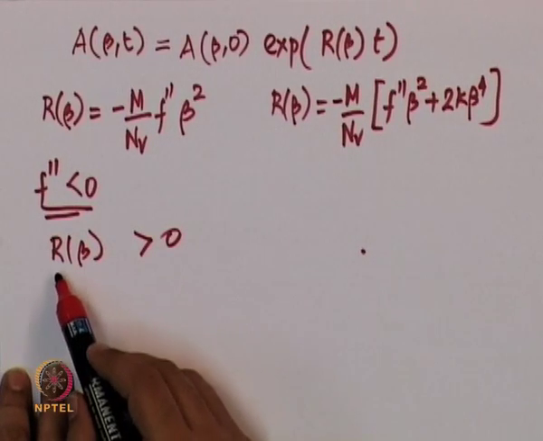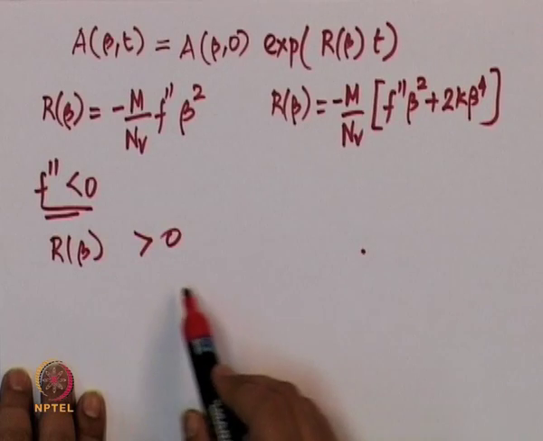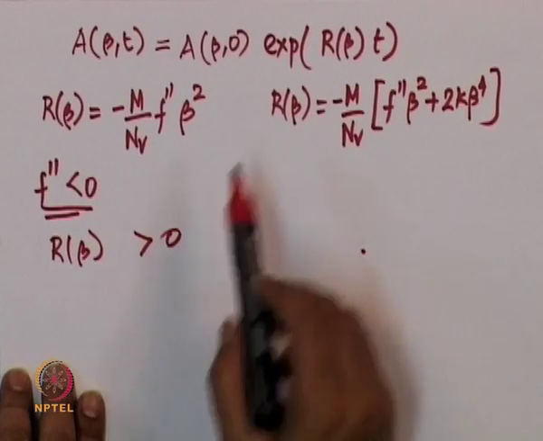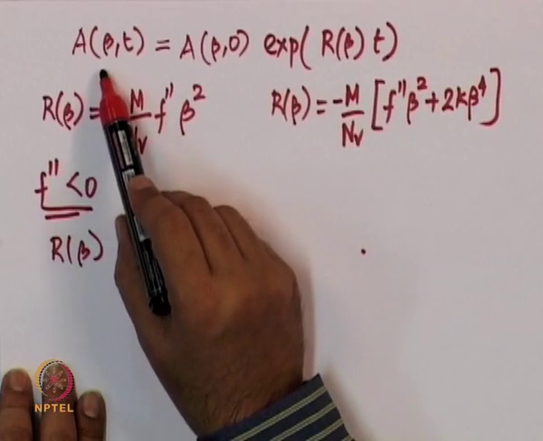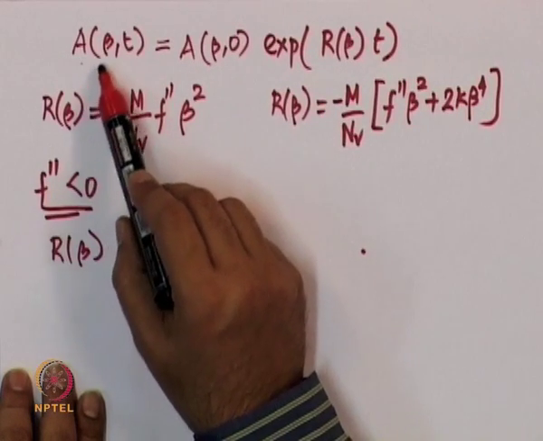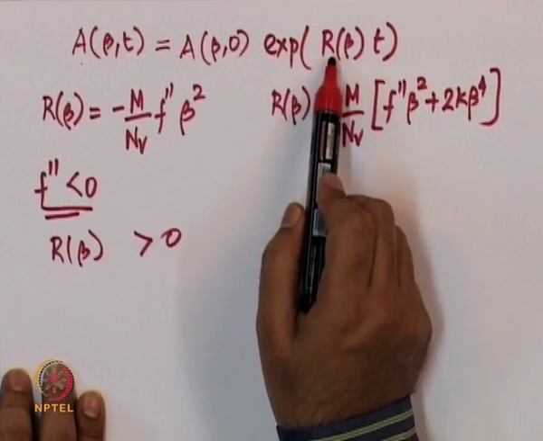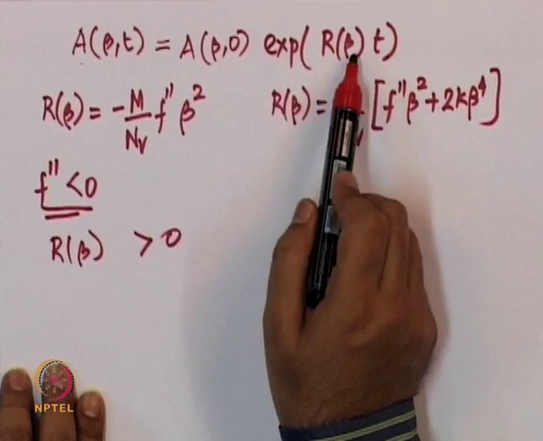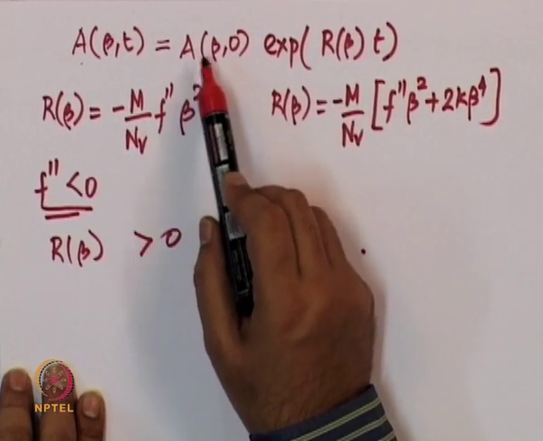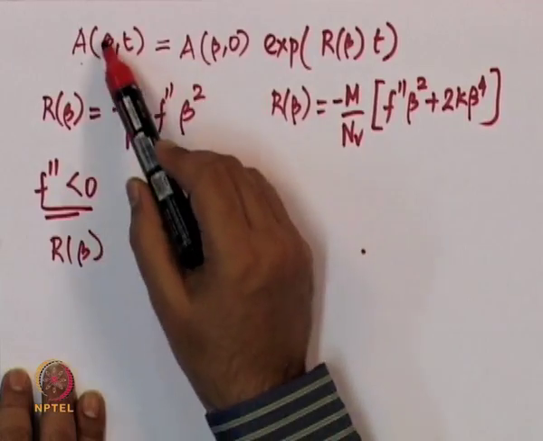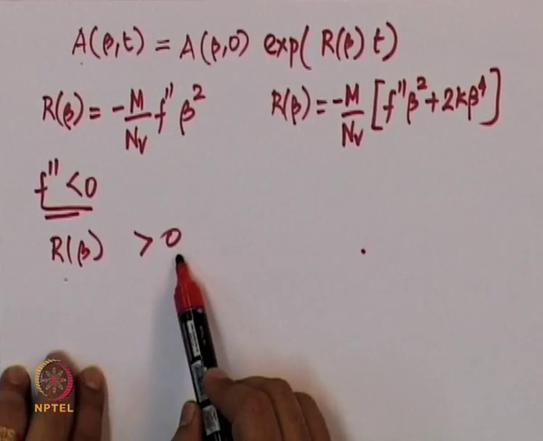That means for any beta, any wavelength, it does not matter how small or how large the wavelength is, this quantity is going to keep growing with time. If you take dA by dt, that is nothing but R of beta times A. That R of beta is a positive quantity, so dA by dt is going to be positive. That is what happens in the case of diffusion.